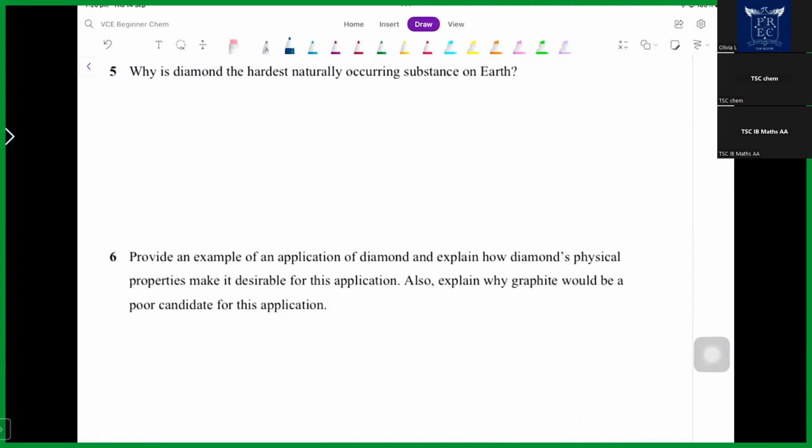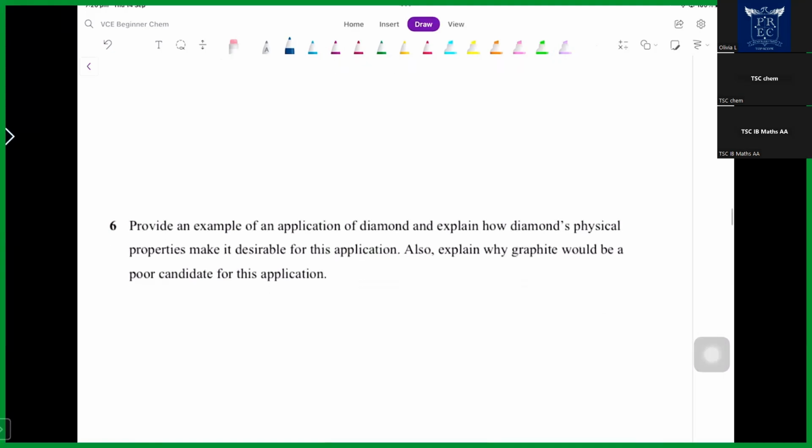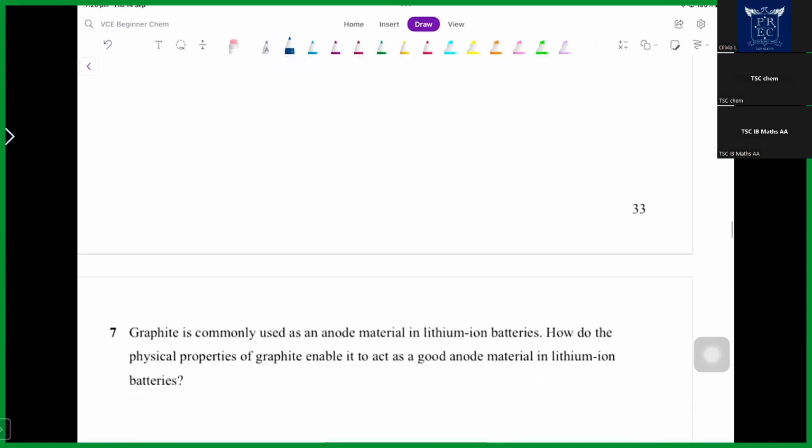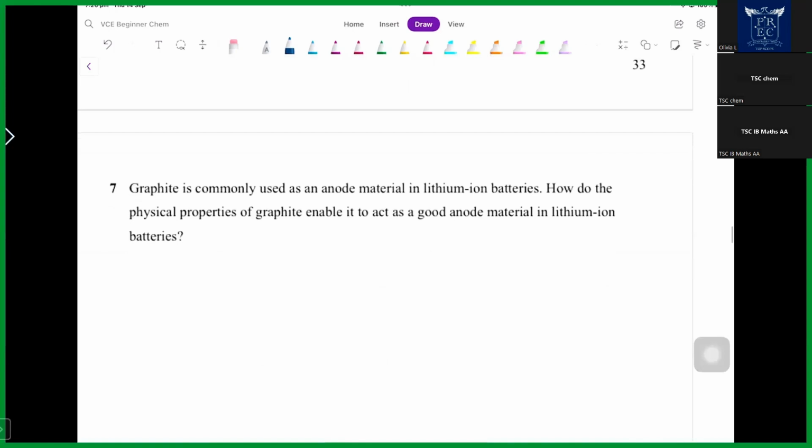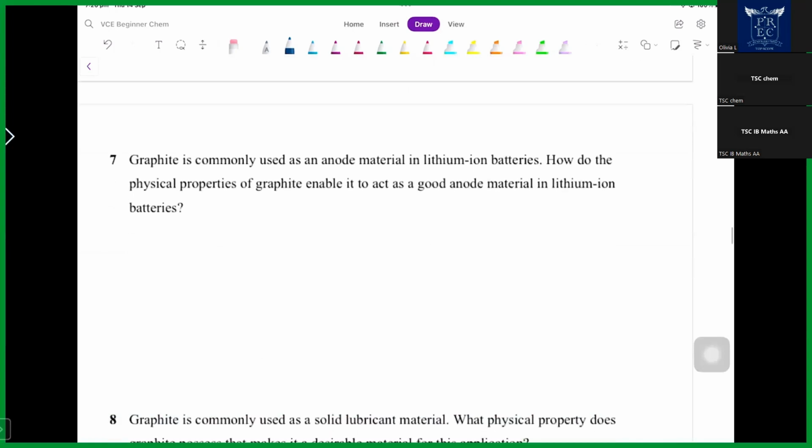Provide an example of application of diamond and explain how diamond's physical properties suit it. Again, one of the main applications is used as tools, like drilling tools, cutting tools. Graphite is commonly used as an anode material, which is also the same thing.